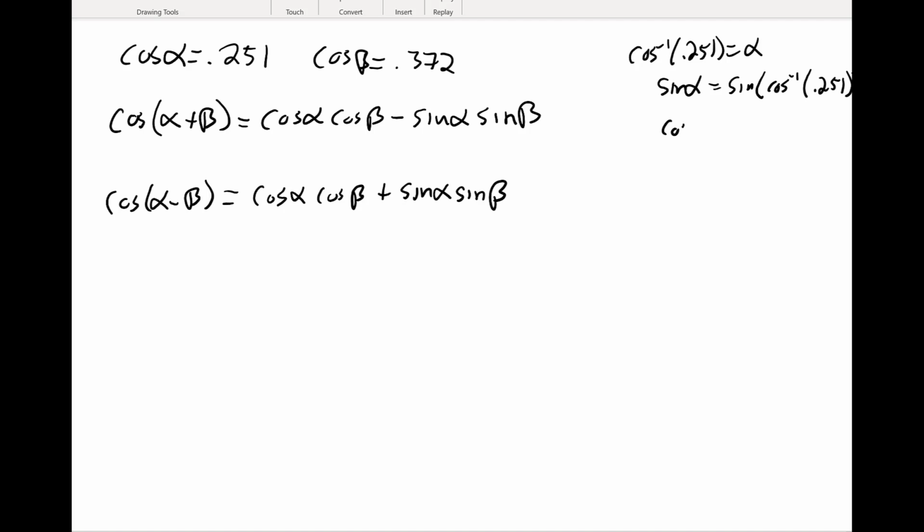Then cosine inverse of 0.372 equals beta, so sine of beta is sine of cosine inverse of 0.372. Let's see what we get for each of these. Once again, I turn to my calculator. It wouldn't really matter if you're in degrees or radians, because we're not actually putting the angles in. We're just getting the sine of these particular angles, alpha and beta.